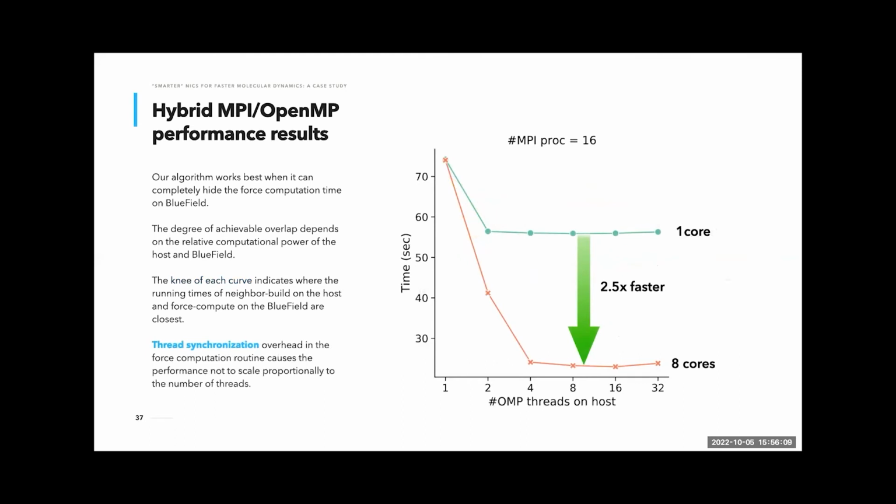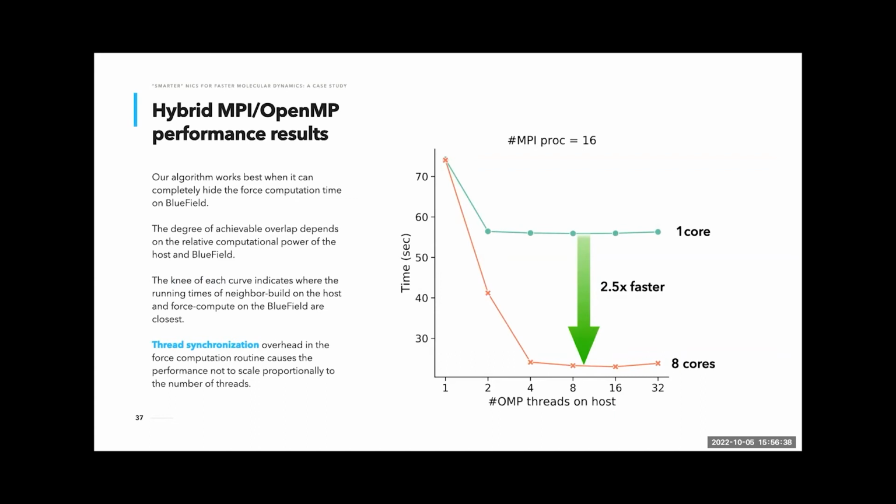Thread synchronization overhead in the force computation routine causes the performance not to scale proportionally to the number of threads. In this figure, we can see when increasing the number of OpenMP threads 8-fold, the offload algorithm speeds up by 2.5 times.